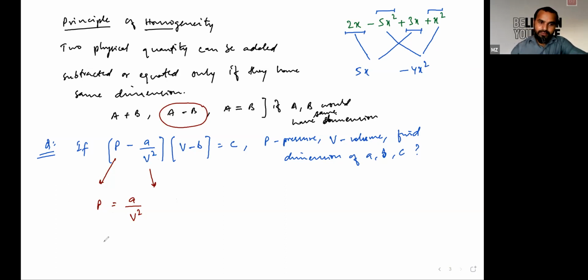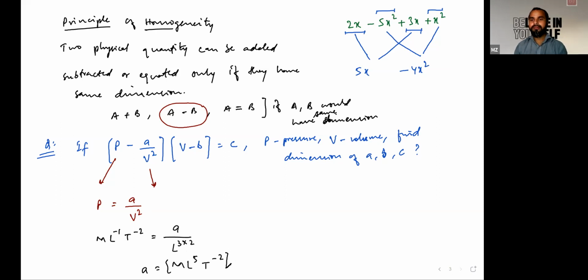Now, for P we have the dimension M L to the power minus 1 T to the power minus 2, equal to a divided by volume. For volume, the dimension formula is L cubed, so it becomes L to the power 6. On bringing this to the left-hand side, it becomes M L to the power 5 T to the power minus 2 as the dimensional formula for a. Is it clear to everyone?